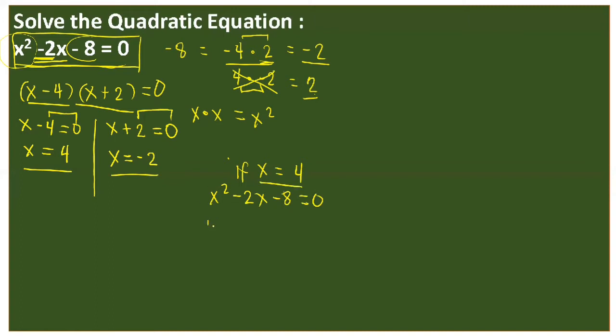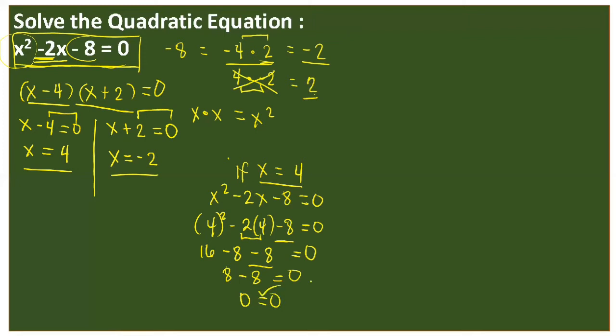So 4 squared minus 2 times positive 4 minus 8 is equal to 0. 4 squared is positive 16. Then negative 2 times 4 is negative 8. Then minus 8, copy this, equals 0. So 16 minus 8 is 8. Then subtract 8, 8 minus 8 is 0. So it is equal. Therefore, the value of x, which is 4, is correct.